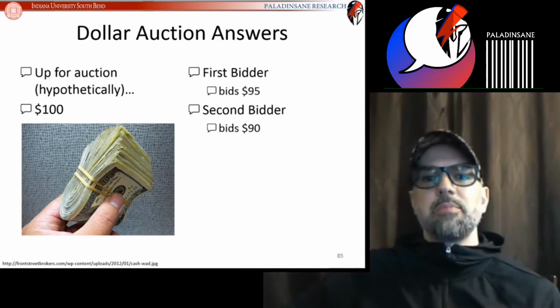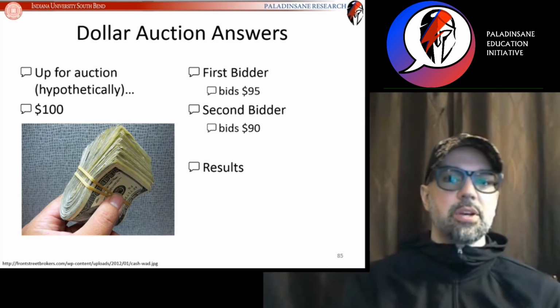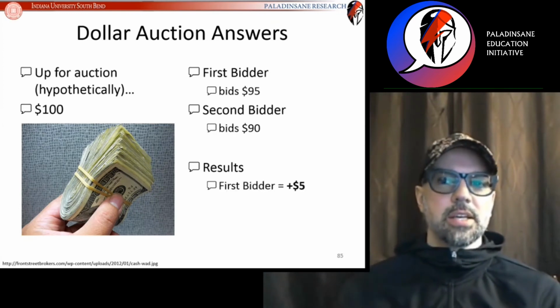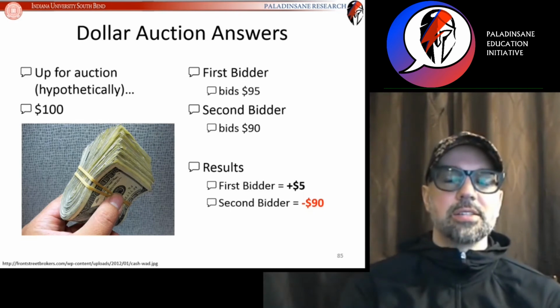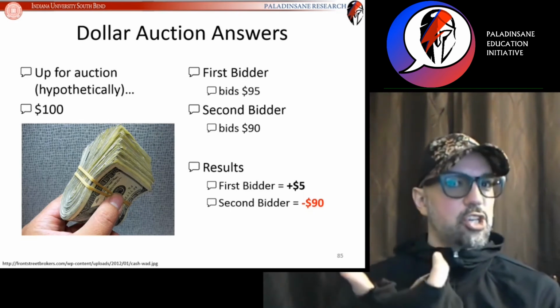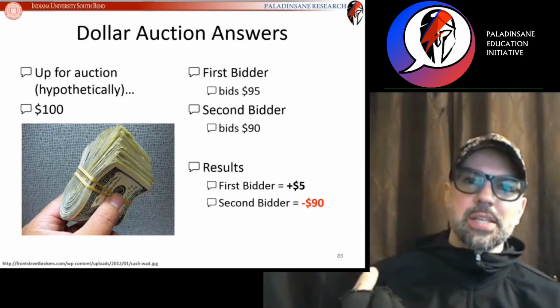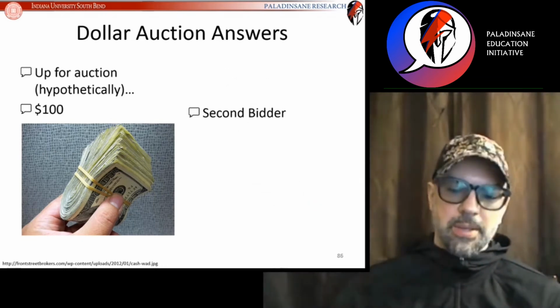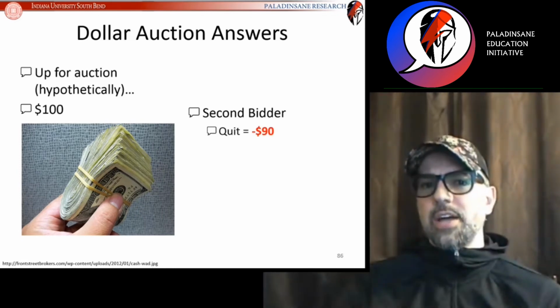$95, second bidder still stuck at 90. If the auction ended here, first bidder makes $5, second bidder has to pay the $90. They're out $90. And this is where it shifts into weird and wild, wacky territory. Because now the second bidder is sitting there going, oh my goodness, if I quit right now, I'm in the hole for $90.